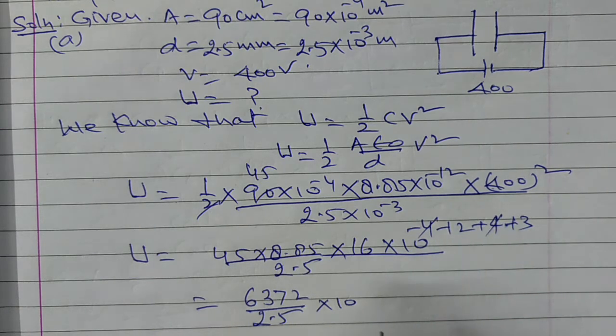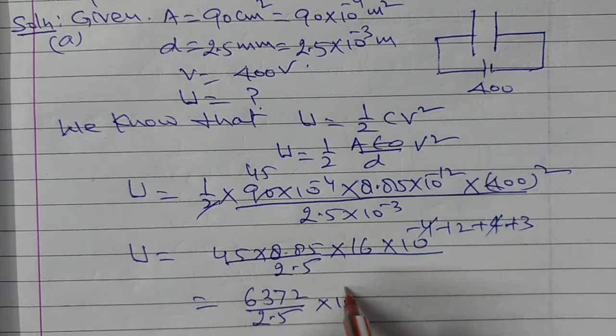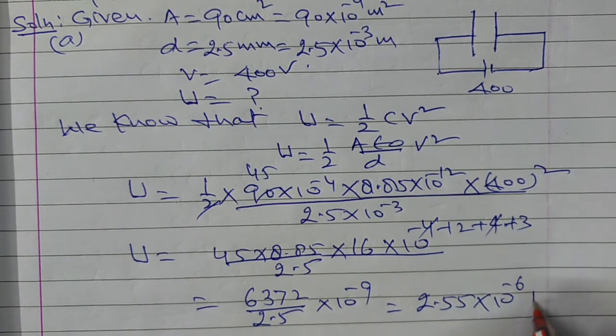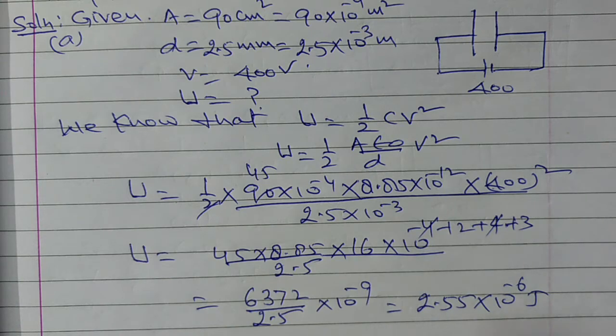This cancels by this, and minus 12 plus 3 is minus 9, and this is equal to 2.55 into 10 to the power minus 6 joule. This is the energy stored by the parallel plate capacitor.